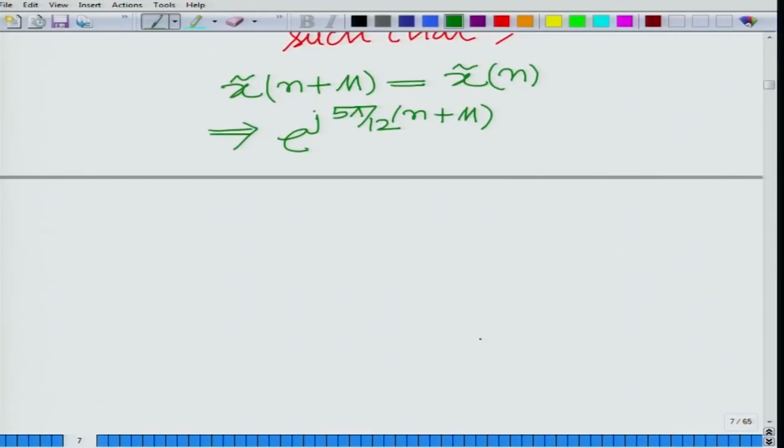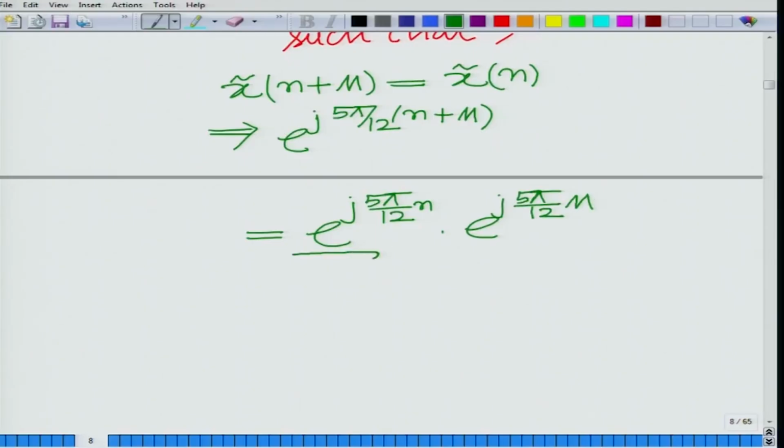This can be simplified as e to the power of j 5 pi by 12 n into e to the power of j 5 pi by 12 m. So, this is equal to your x tilde n.